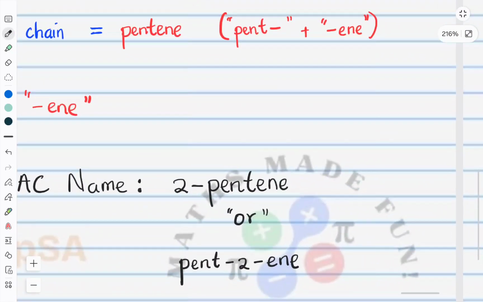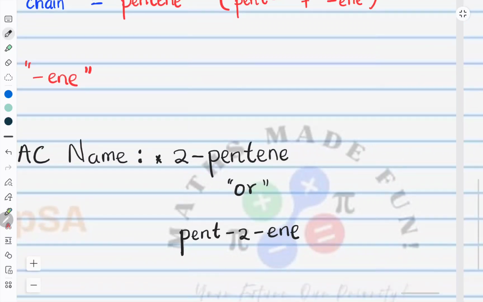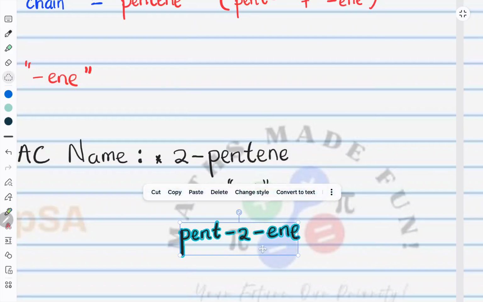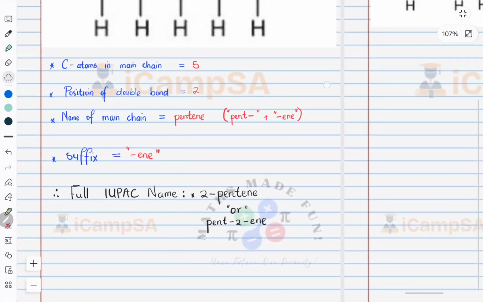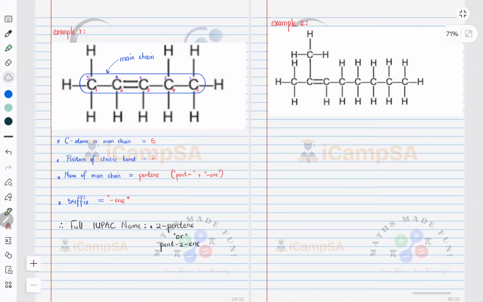I usually prefer the first option because it's easier to remember for most people, but if you are into this naming as well, you can use that. So that's one thing about alkenes. You can either use that or this type of naming. Anyways, you will still be correct. All right, so that's how we would do it for this compound.